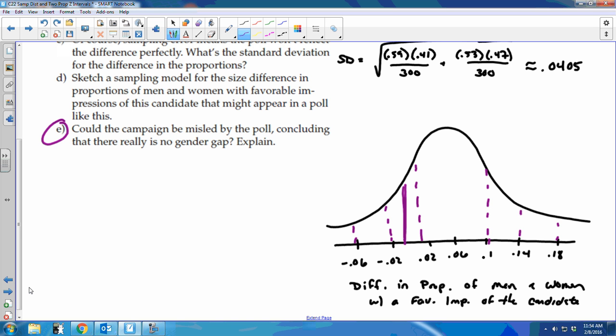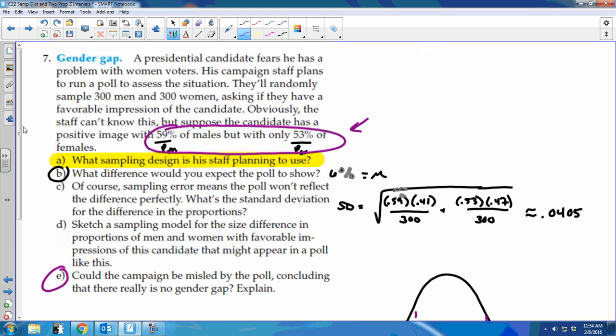It's not unusual. So yes, they could be misled. They could easily get 0 as a result and think, oh, it's fine. In real life, if we were going to do a poll, we wouldn't know these numbers, so we would conclude there's no gender gap and move on about our business. In this problem, we just happen to know these numbers. Questions about that? All right.